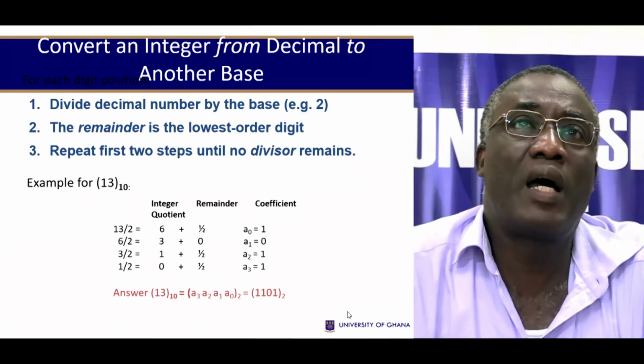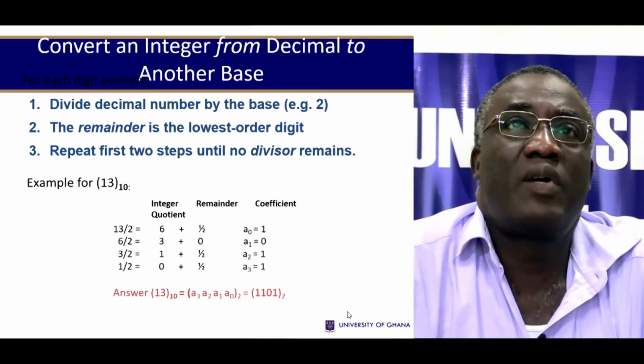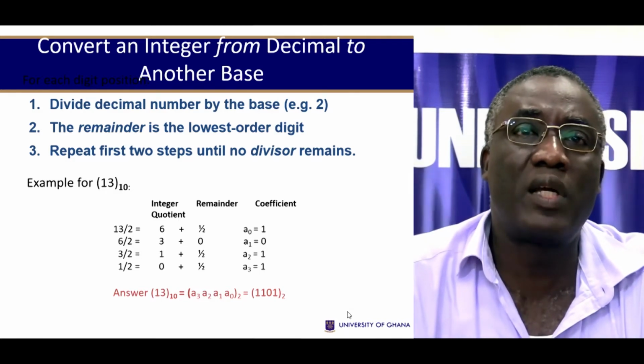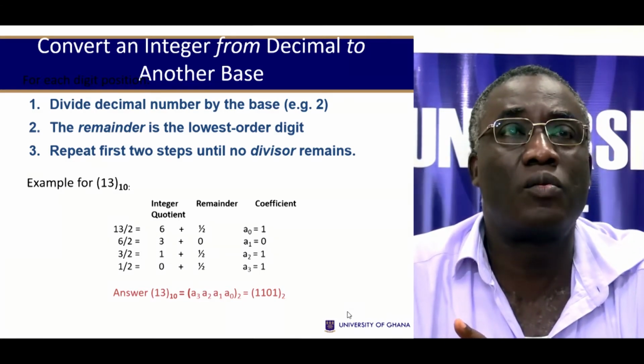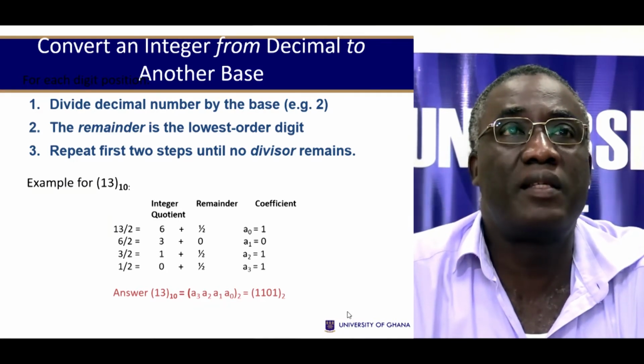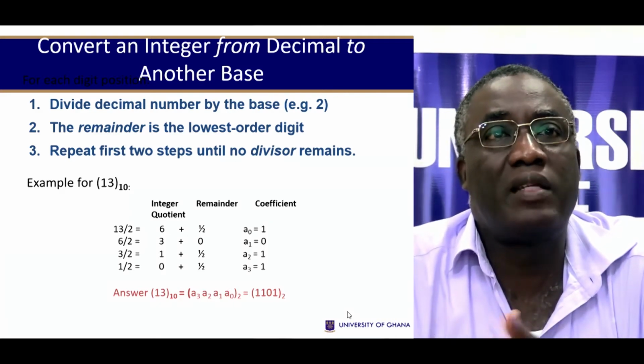Now, how do you actually convert a whole number from decimal to another base? Let's say base 2. There are a number of procedures, one is called the repeated division, where you repeatedly divide by 2.